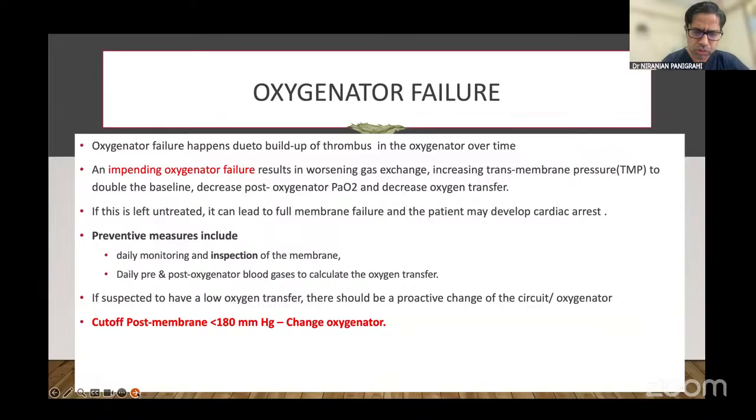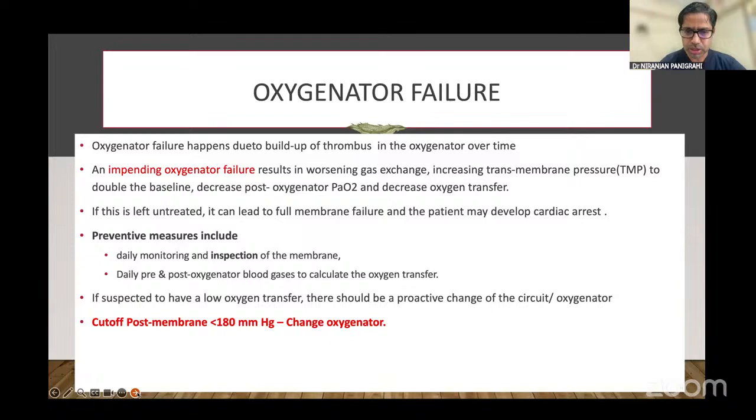Now, there are so many ways to check the oxygenator function. One of the most commonly used is we check the pre-membrane oxygenation or the PaO2 in the pre-membrane blood, second the PO2 in the post membrane, and we calculate the percentage increase.